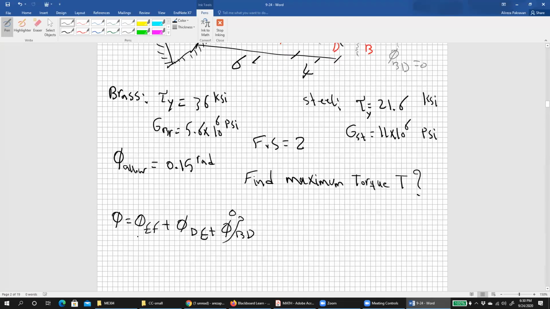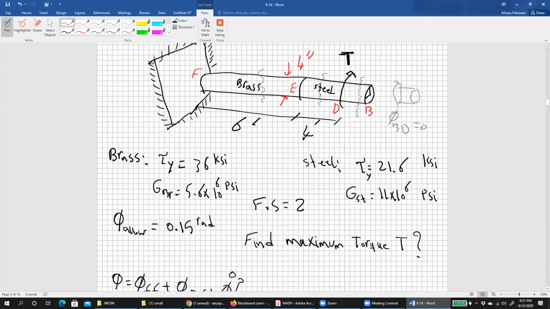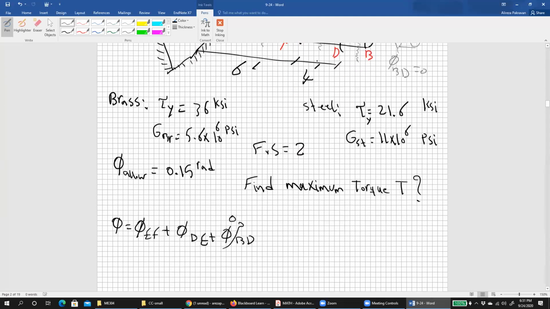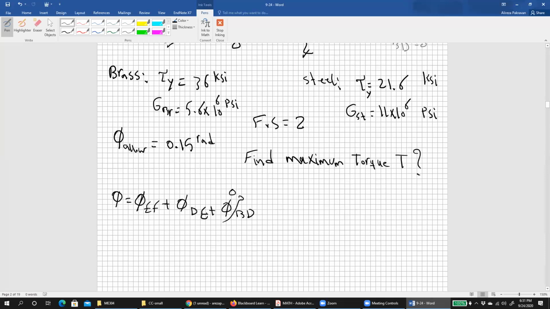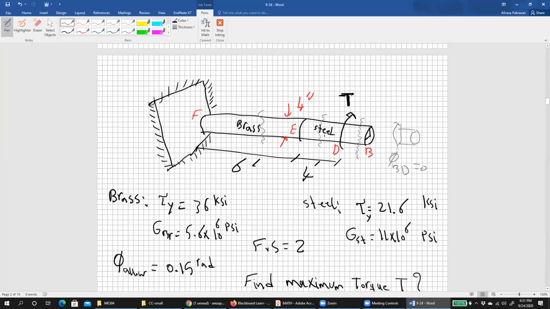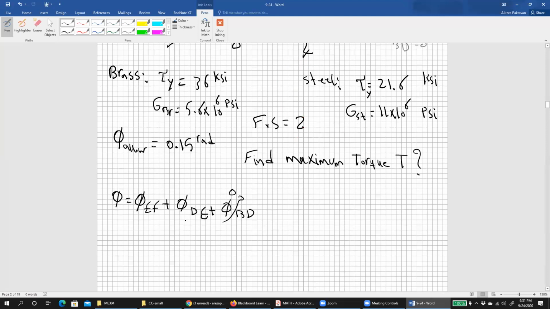For these two, if you make a section at any point, by equilibrium the torque will be the same, as in the previous problem, 2,250. The result will be the same because there is no torque between D and the end. So we can directly write the formula.